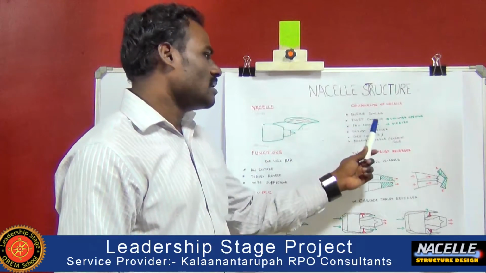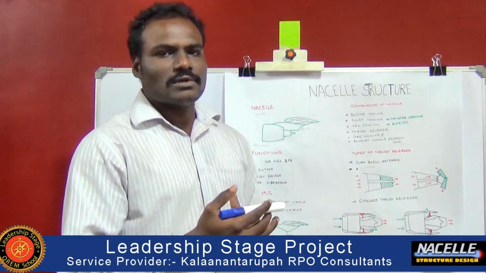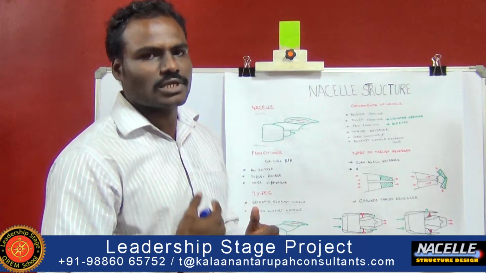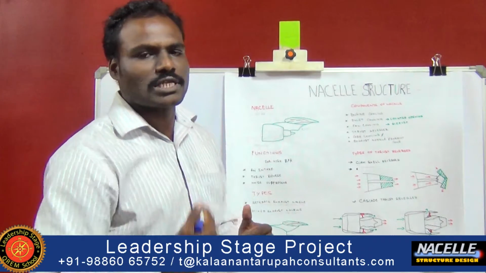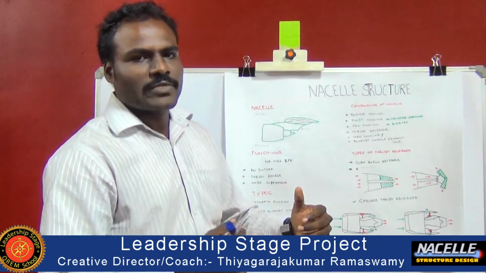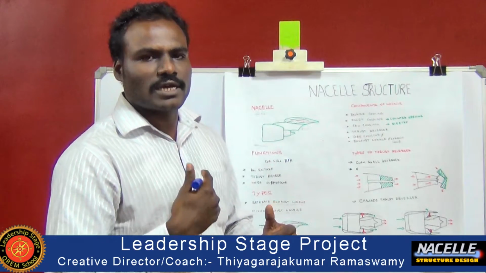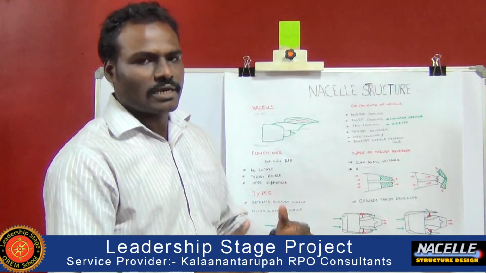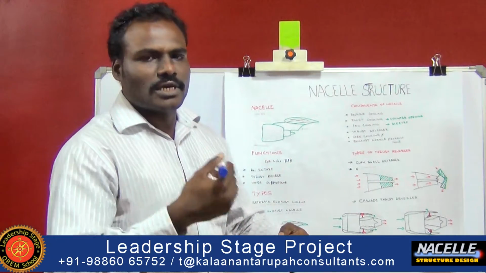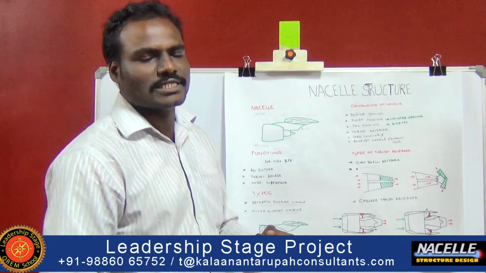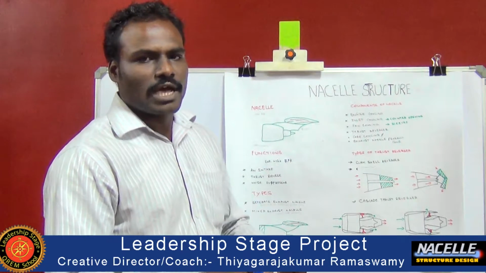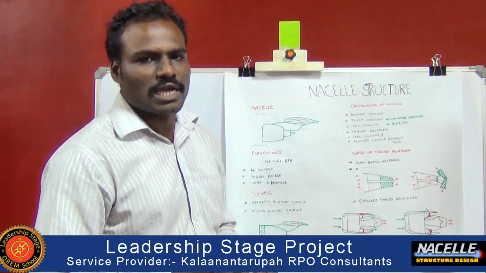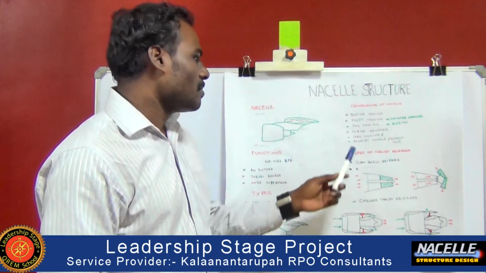Here the fan cowling is a circular sleeve, used at the core of the engine, so that whenever some renovation work or repair has to be carried out in an engine, we can just remove the sleeve. Two to three hinges are maintained on this sleeve, so that we can remove those sleeves and go for repair work in the fan cowling.